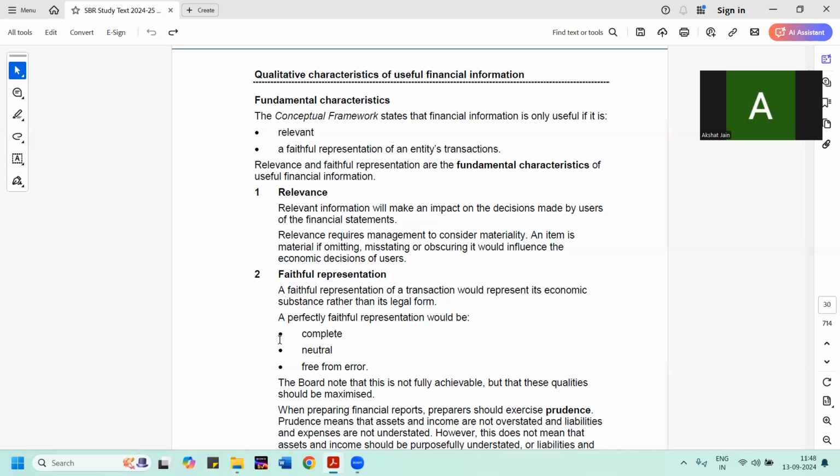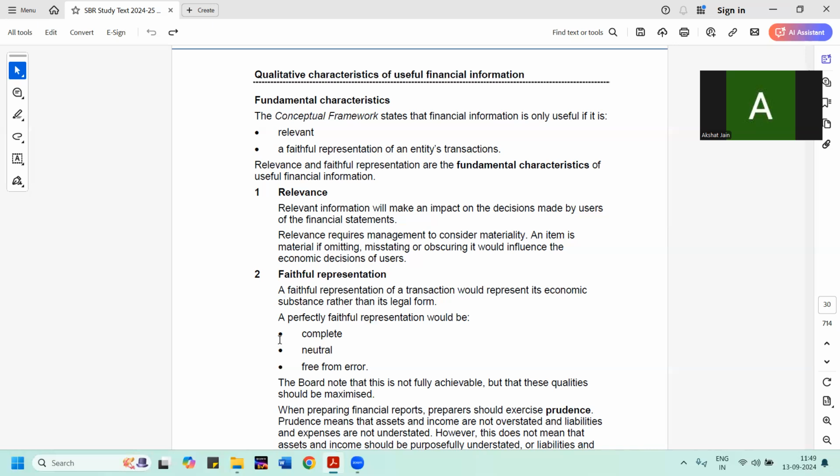We say neutral because companies and organizations could tend to have biased information or hopeful information. For example, if they would want to value their assets at a higher amount, or their liabilities at a lower amount, because that's how things would be perfect, right?